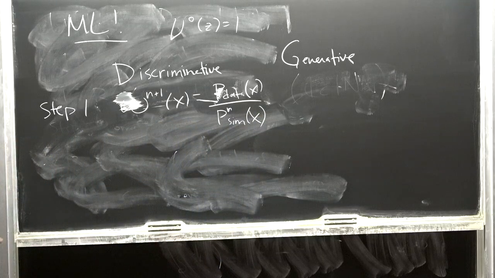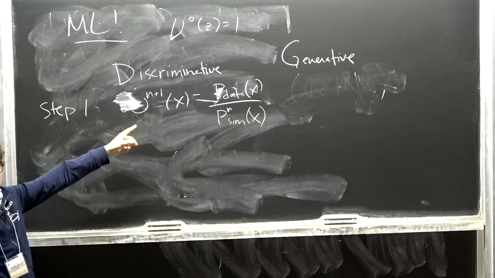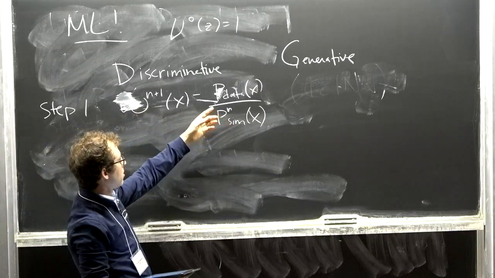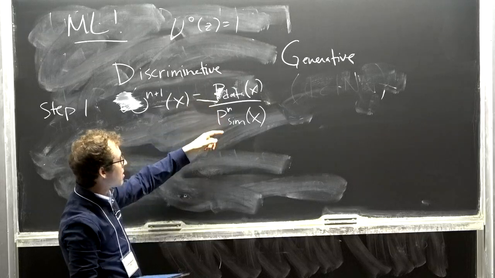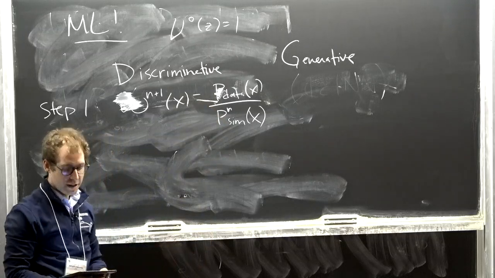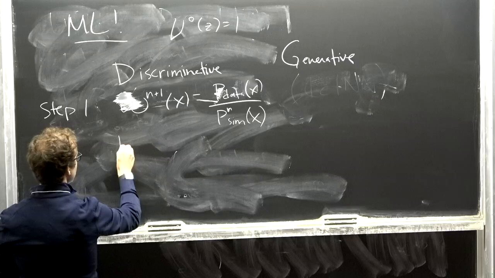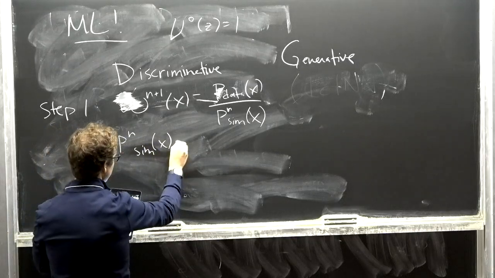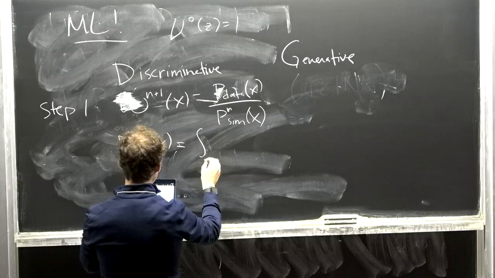So the detector level weight at a given iteration is the ratio of the density in data and the density of the simulation at that step. And what is the density at that step? I'm going to write it in the asymptotic limit, because that's easier to think about for me.